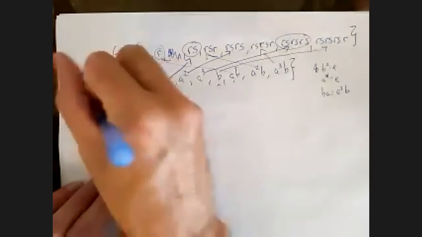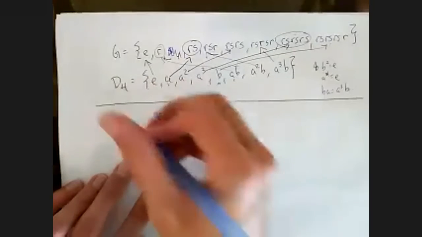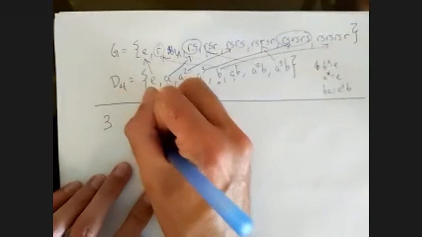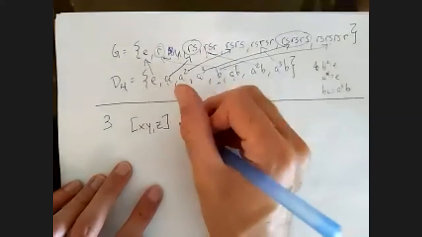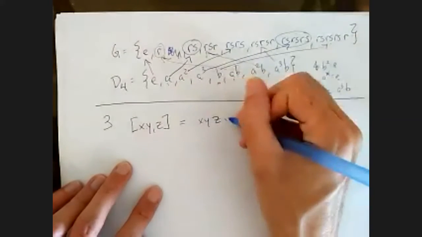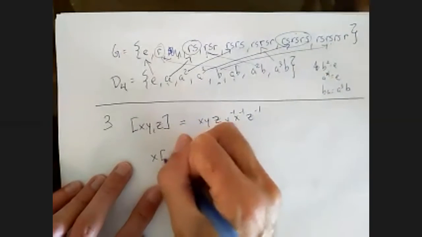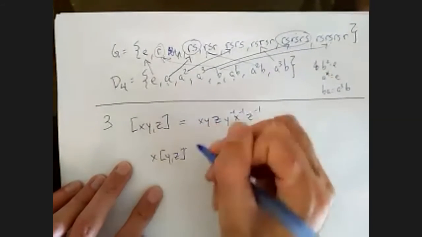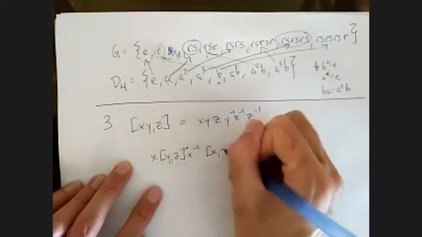But anyways, question 3. Luckily, this won't take long because it is just computing with symbols. You check that the commutator of x, y, and z is x, y, z, x, y inverse, which is y inverse, x inverse, z inverse. And then you check x, y, z, x inverse, x, z.